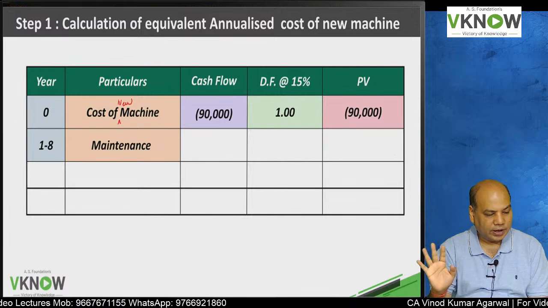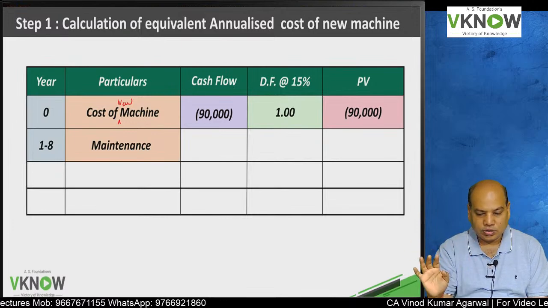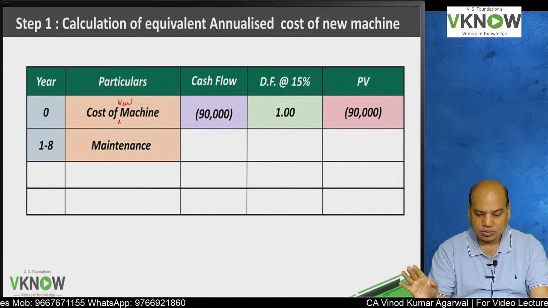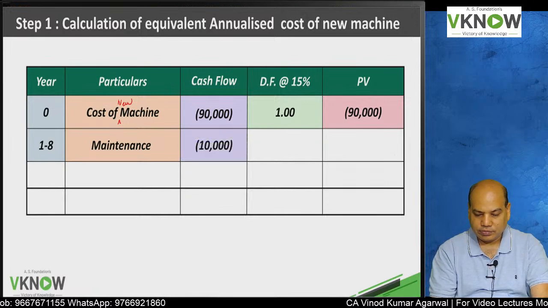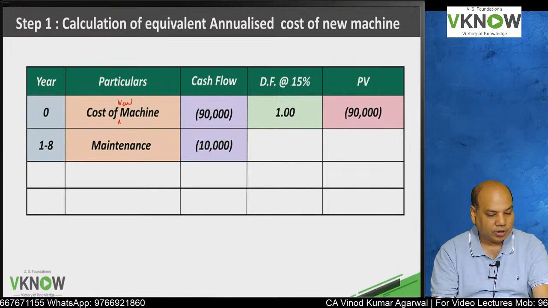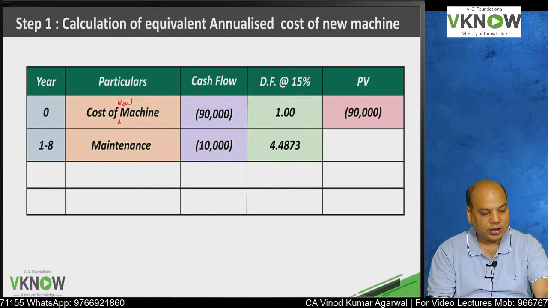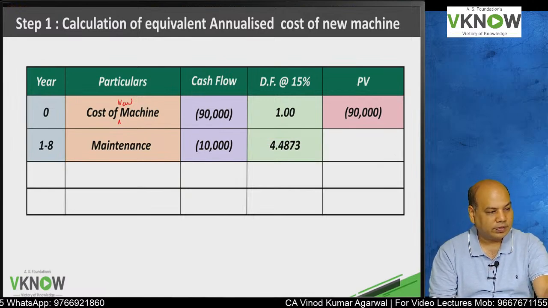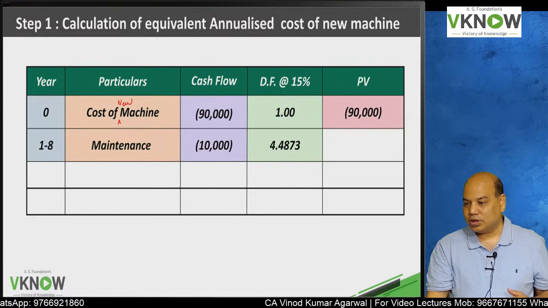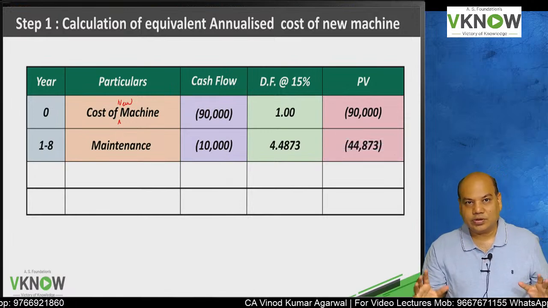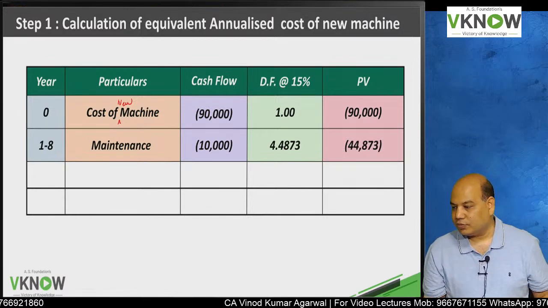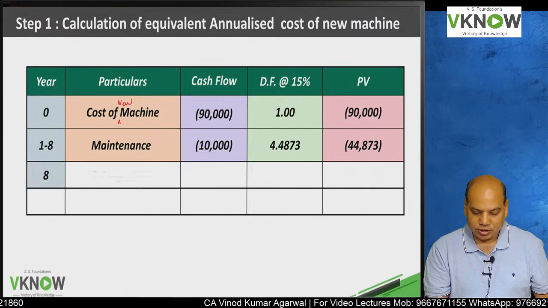It has a life of 8 years. Maintenance cost will be incurred every year equal to 10,000. The annuity factor is given in the problem, so don't compute it; take it from the question. 4.4873. A good student will save time. Trust the institute.